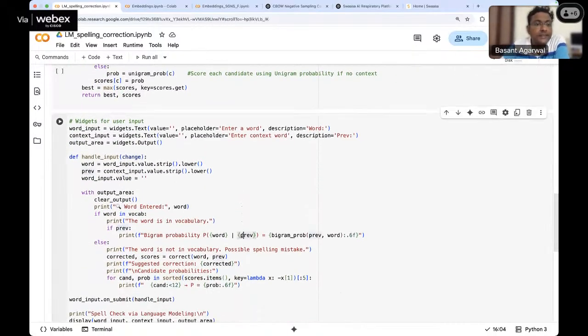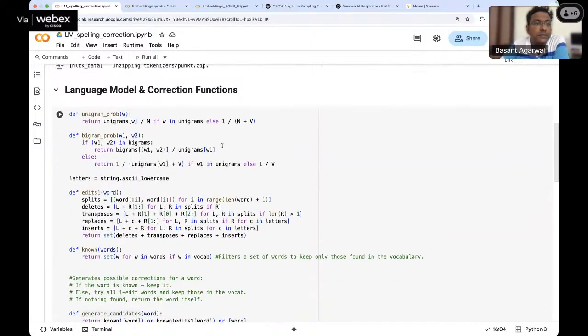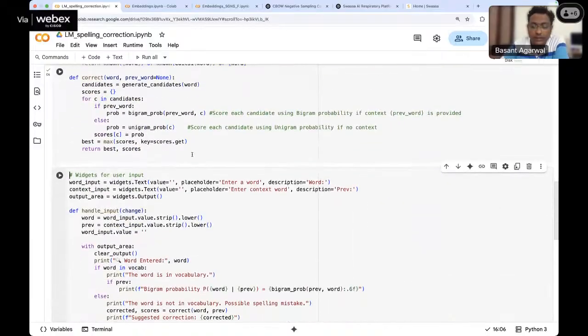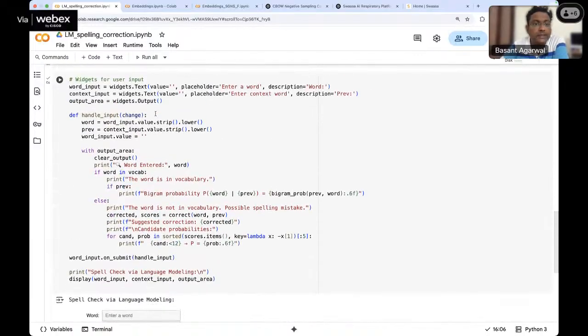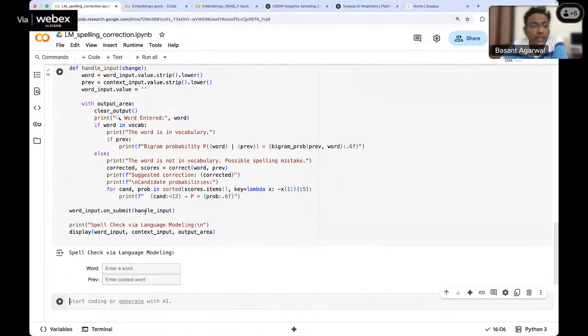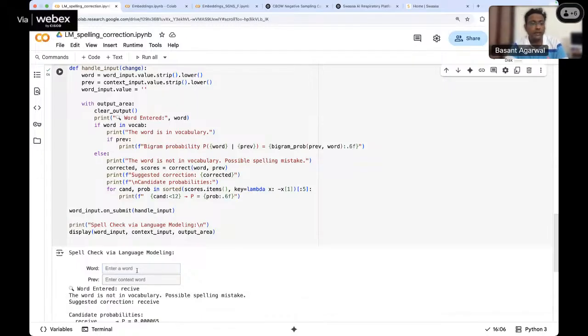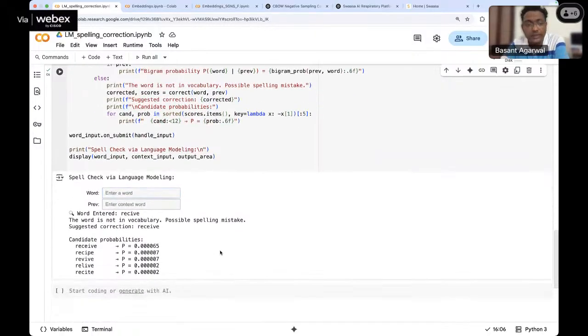Now just run this. Now I'm running this. This is an interactive input widget in which I'm calling the function and taking the input. Okay, so now let's say we write the word receive, which I made a wrong spelling.